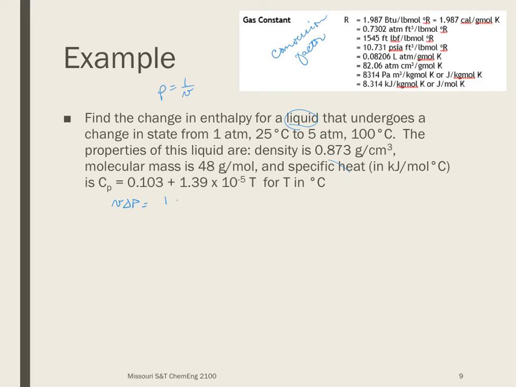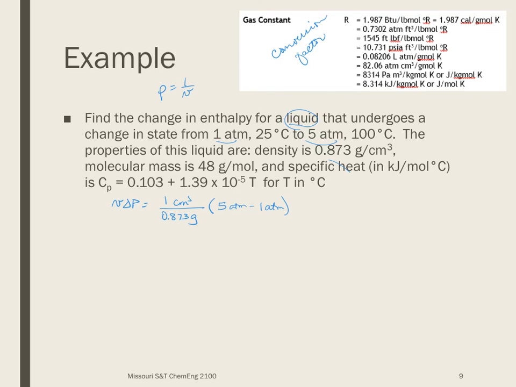So this means 1 cubic centimeter per 0.873 grams is my volume. Now my delta P, I'm going from 1 atmosphere to 5 atmospheres, so it's 5 atmospheres minus 1 atmosphere. So there's my delta P.